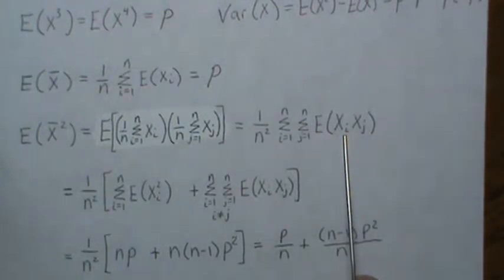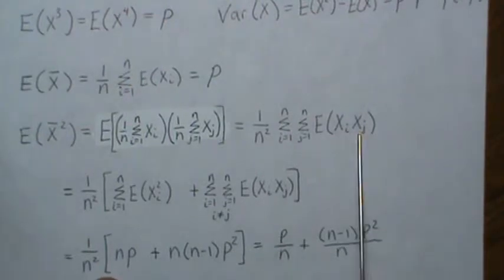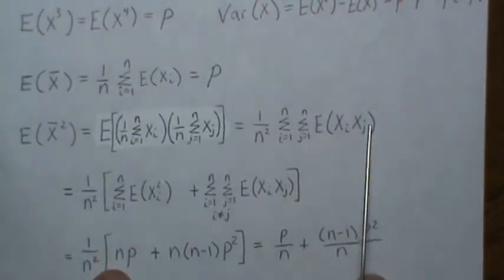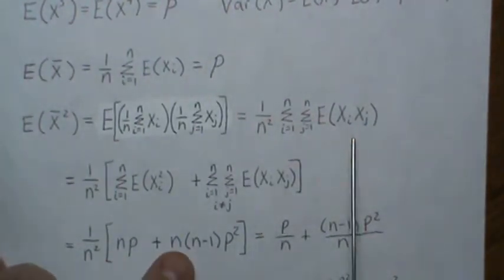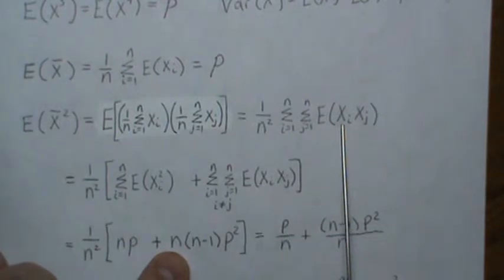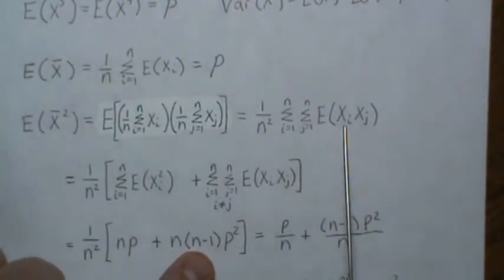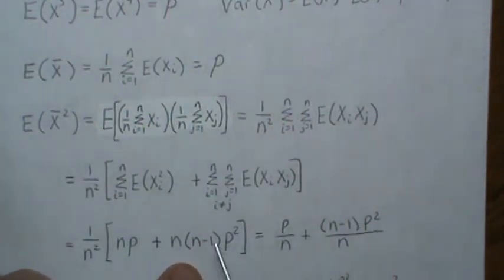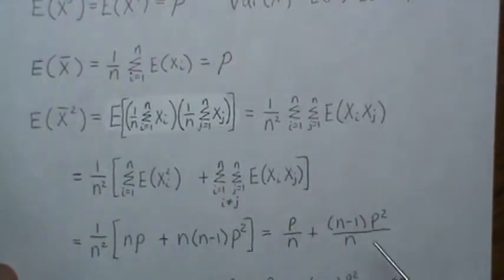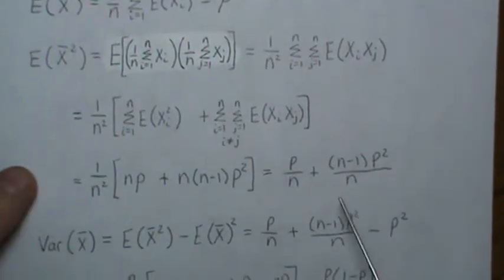There's n ways to choose this one, and then there's only one way to choose this, so it's n times 1, which is n. Now, when they're different, there's n ways to choose this quantity, and there's n minus 1 ways to choose this one. And so you get n times n minus 1. So we're going to jump from here to here in the next few calculations.